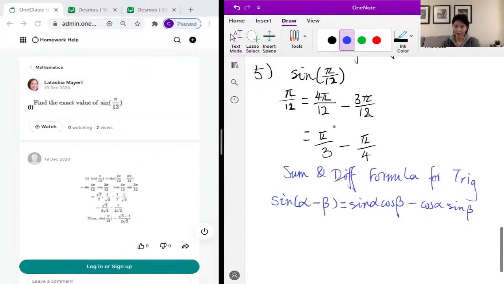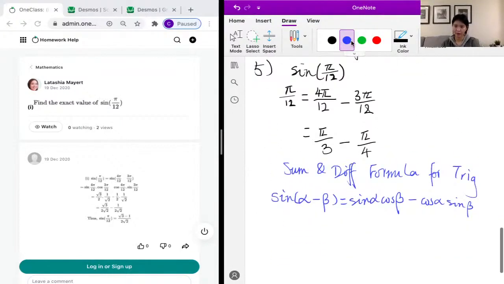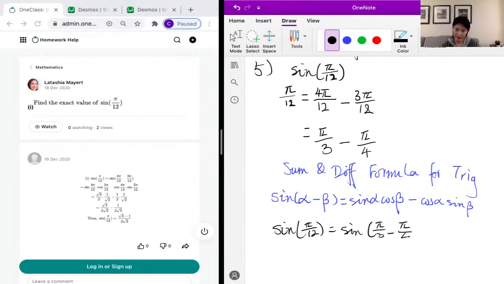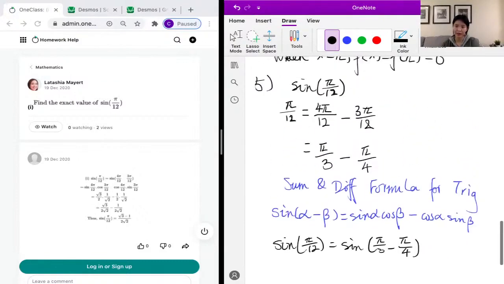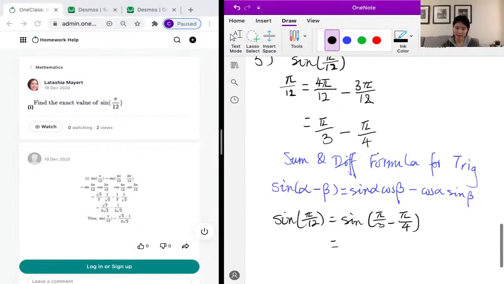So now for our function, we have sine of pi over 12 is equal to sine of pi over 3 minus pi over 4, because pi over 3 minus pi over 4 is equal to pi over 12. Then we just apply the sum and difference formula.